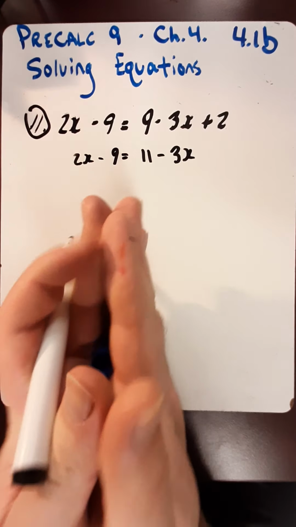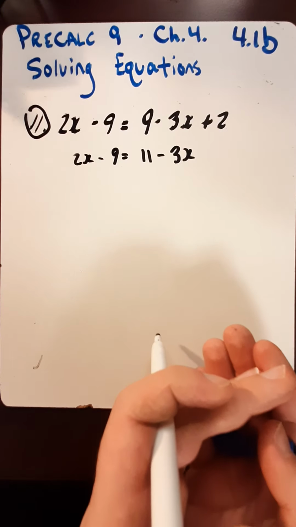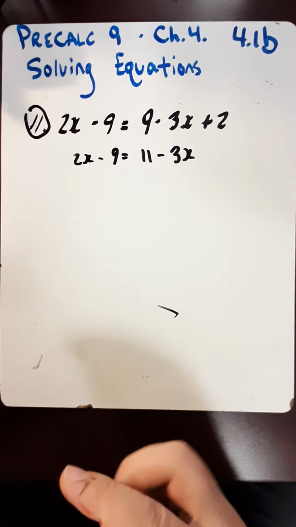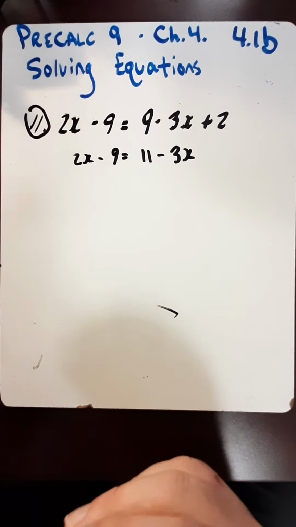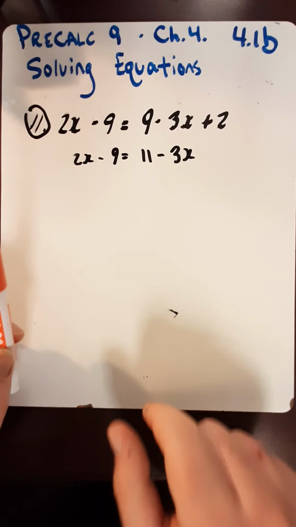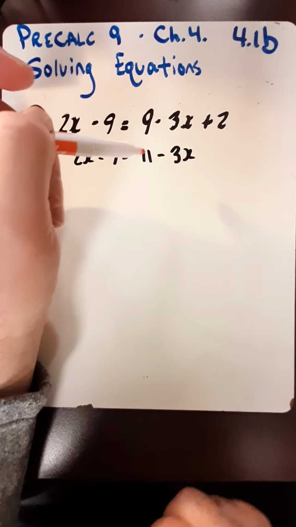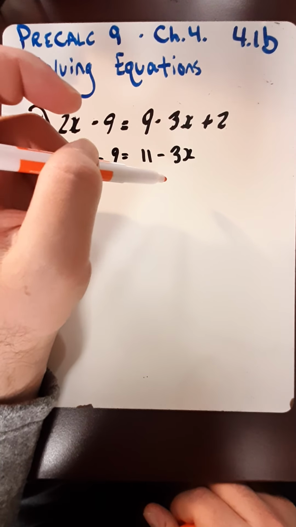We want to get the terms with x on one side of the equation and the terms without x on the other side of the equation. So I've got options.